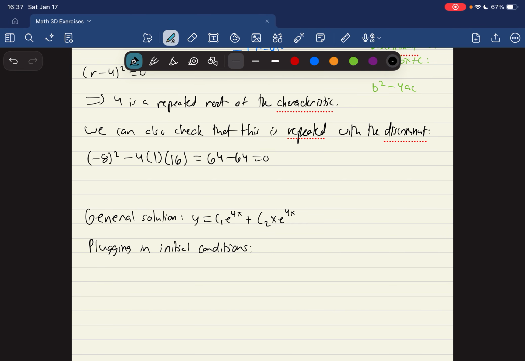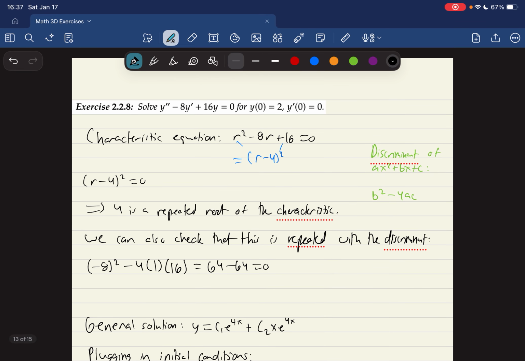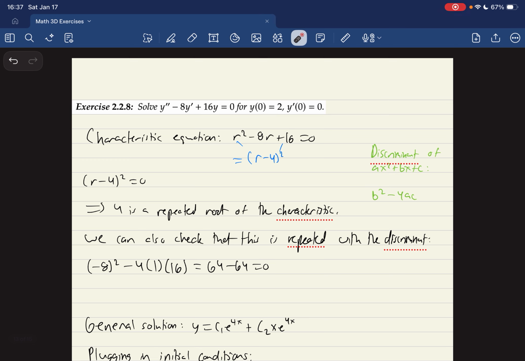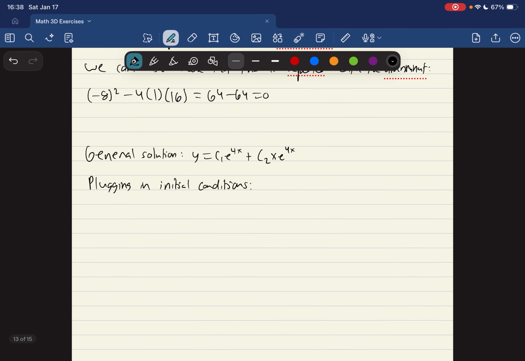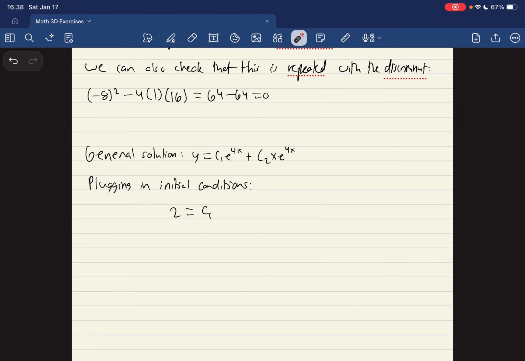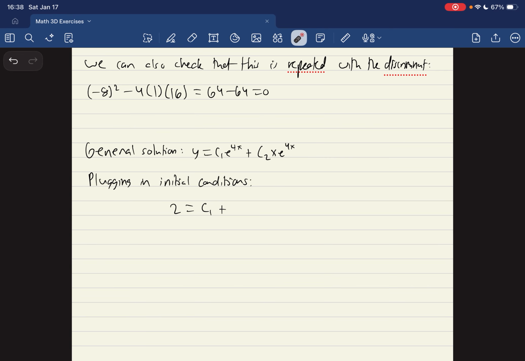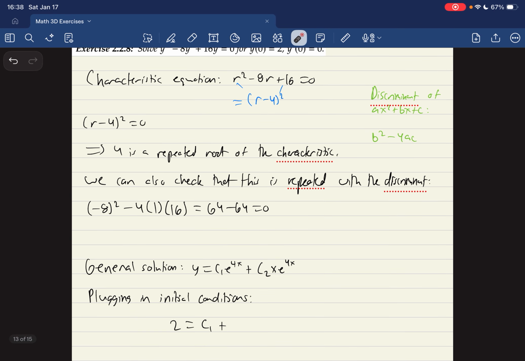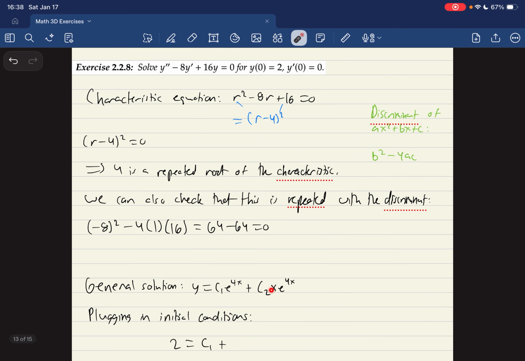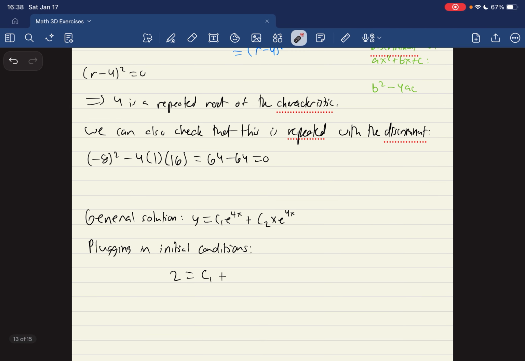Well, our first condition tells us that 2 is equal to y(0). So 2 equals C1 times, if we plug in 0 for x, e to the 4 times 0, which is e to the 0, which is 1. So that just becomes C1. And our second term, again, we're plugging in 0, and so we just need to plug it into the x, and we already see that that's 0. So we're just left with 2 is equal to C1.